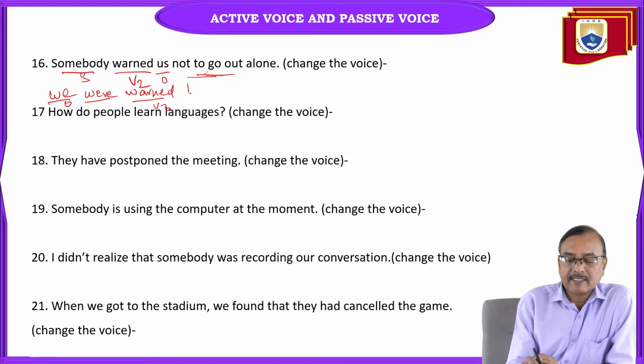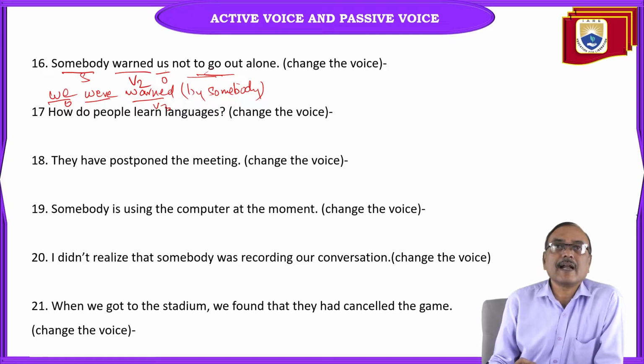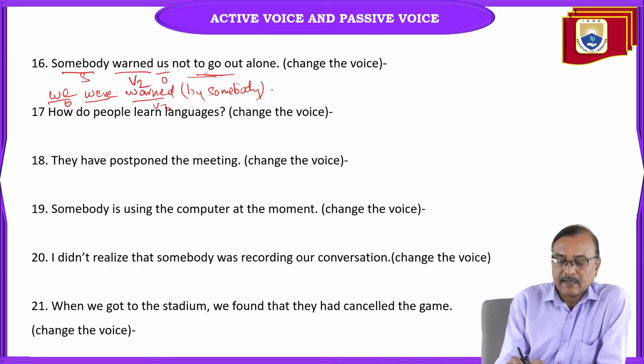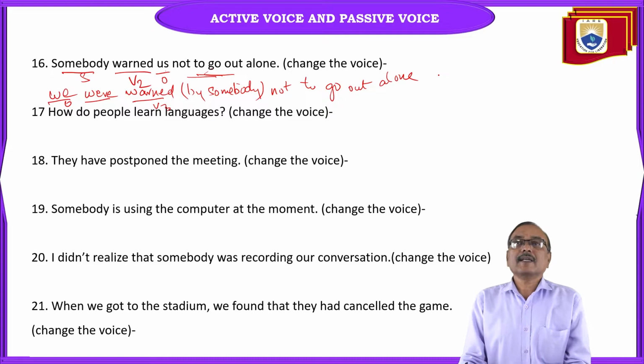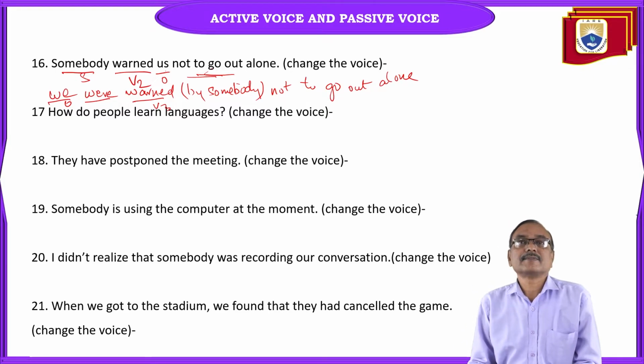By somebody is not necessary here, because somebody, anybody are indefinite, not specific. When pronouns are not specific, you can omit them in passive voice. We were warned not to go out alone. Is it clear?